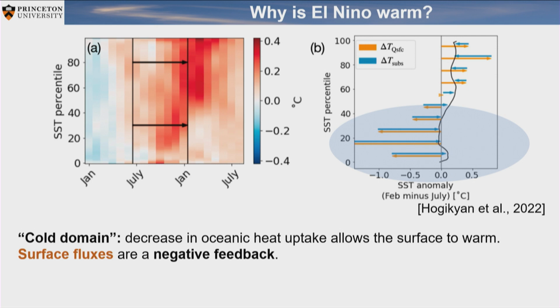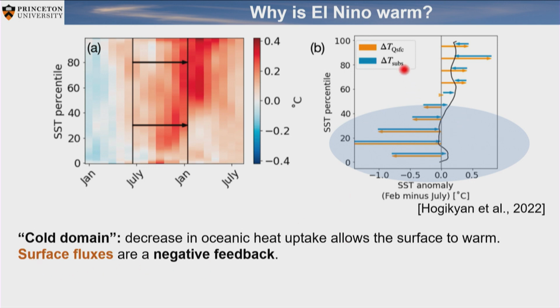And what she did is, again, this is the time series. This is cold to warm. And she looked at the heat budget of the ocean mixed layer. And we know the exchange fluxes. And so what you see is that, in the cold end, what you actually have there is a warming. But this warming is followed by a strong cooling from surface fluxes.